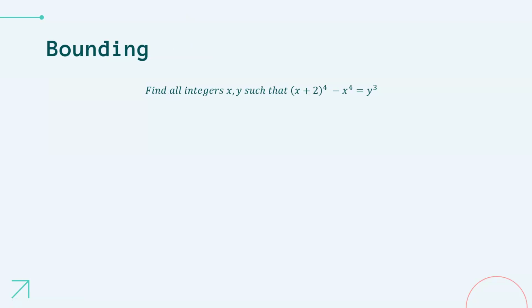It's a common theme in these problems because, after you bound, say x is between 5 and 10, we know x has to be 6, 7, 8, or 9 because x is an integer. So this technique can only be used with integers. If x is a real number between 5 and 10, that doesn't give us very much.